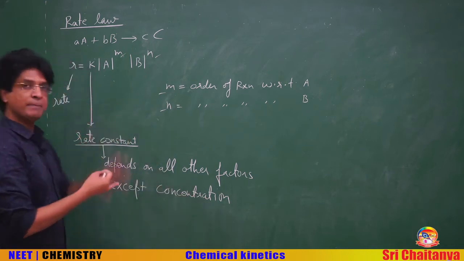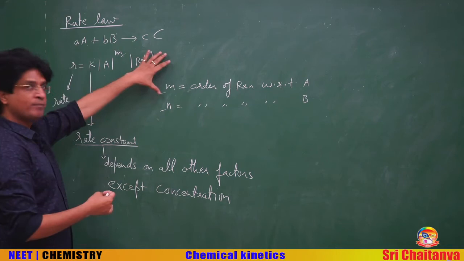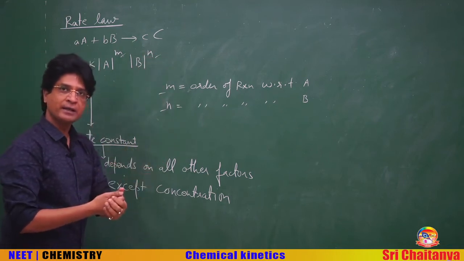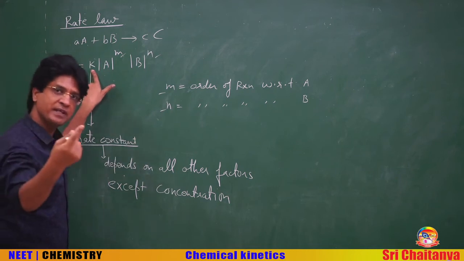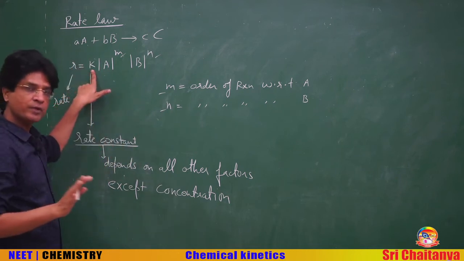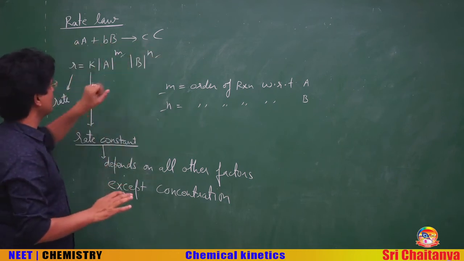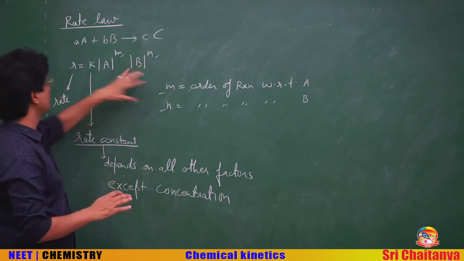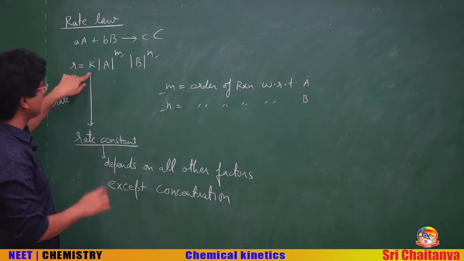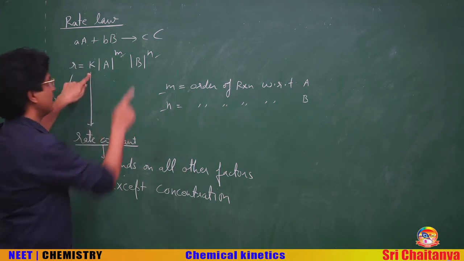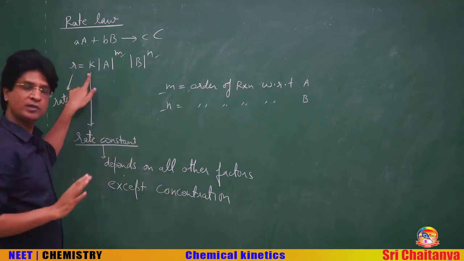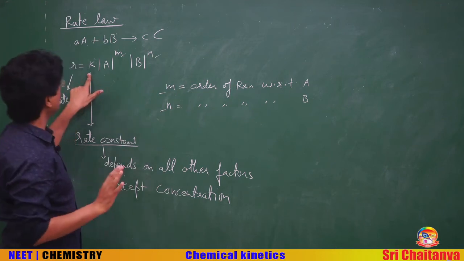So if I change temperature, in this rate law, that change should be reflected, and that change will be reflected in the value of K. If I change surface area, again the value of K will change. So rate law suggests how the rate will change if I change concentration, keeping other things constant. All those things become constant, and that constant is called rate constant. You're getting me, not? Okay.